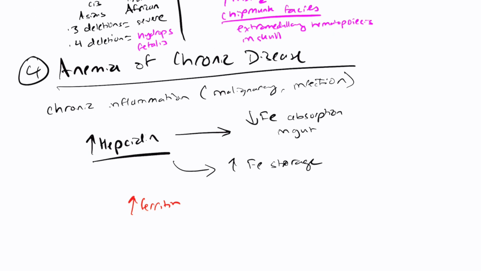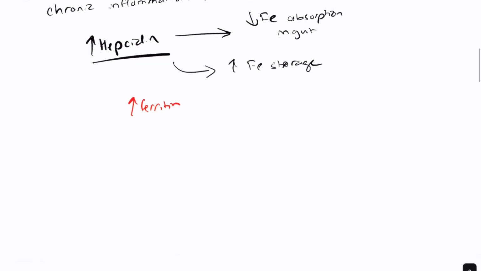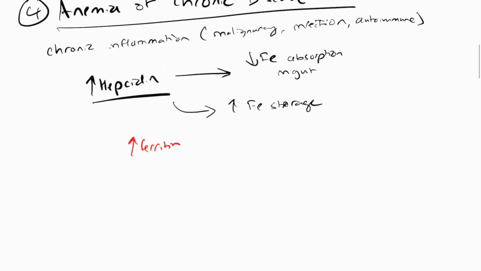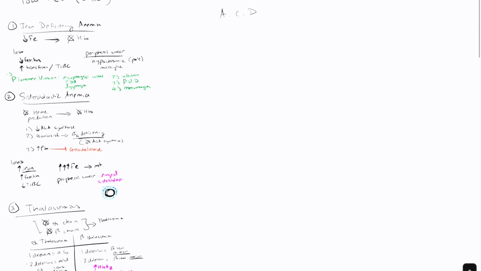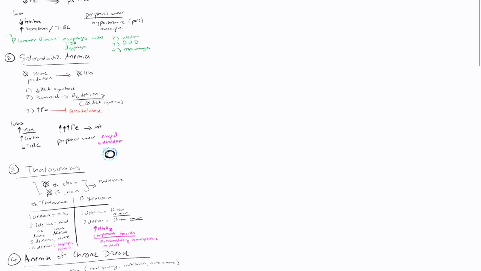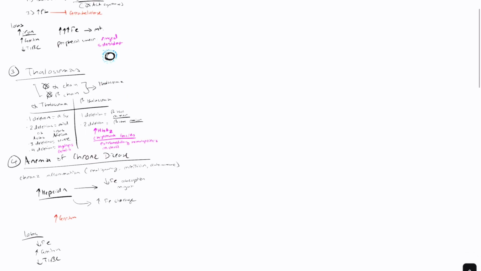So it doesn't matter if it's an infection or an autoimmune process. Actually, let me also add autoimmune, because it can be autoimmune like lupus or whatever, right? So it doesn't matter if it's an infection or autoimmune. This is the basic pathophysiology right there, right? So in your labs, it would be decreased iron, increase in ferritin, and decrease in TIBC. This is the only condition in which you see ferritin and iron being opposites.